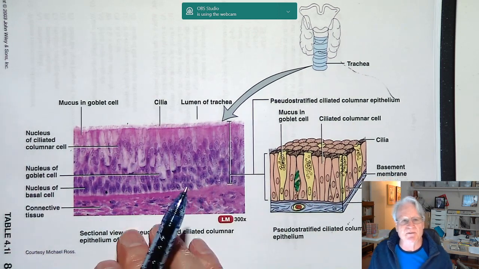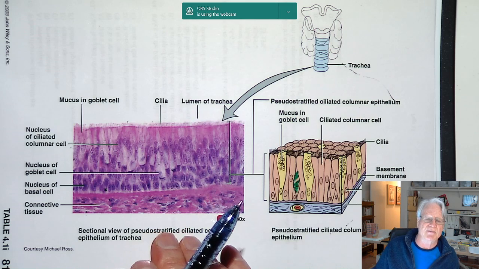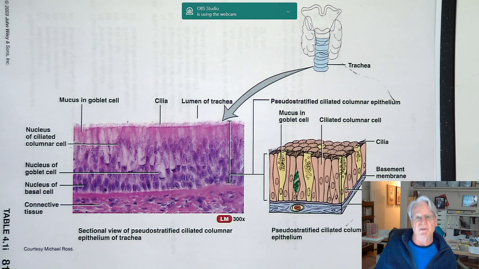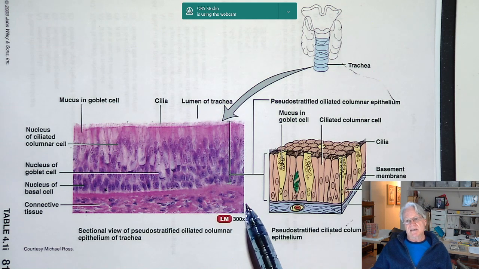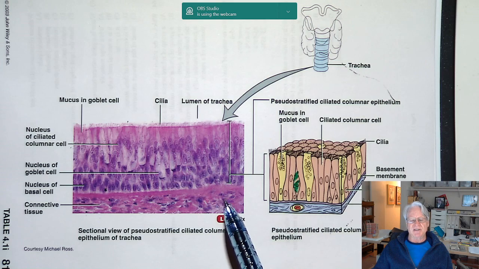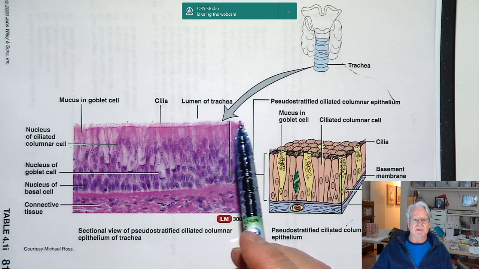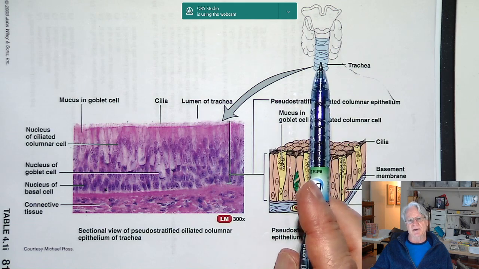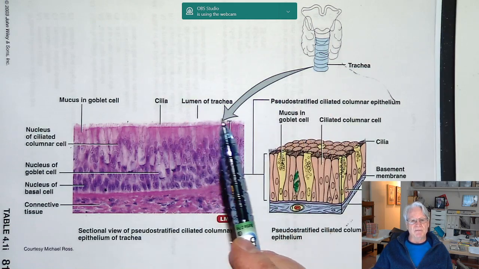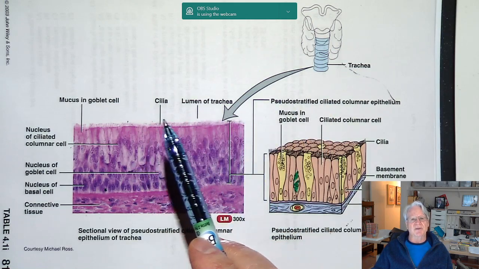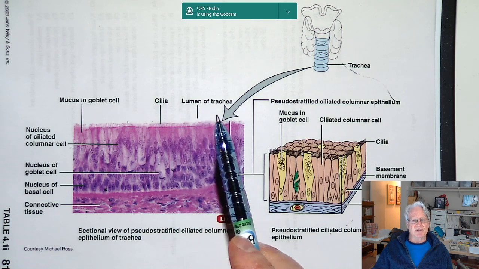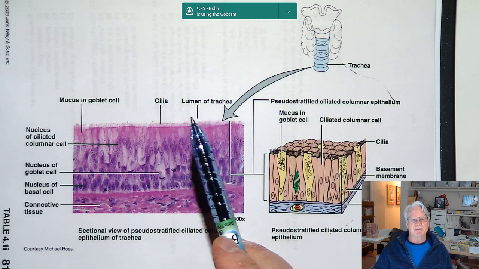Now, one thing to keep in mind, if you're thinking about cilia, then you have to be thinking about moving something. That's the whole purpose of cilia. So when you're thinking about where these ciliated tissues are located, think about places where you have to move some sort of substance. In this case, it's mucus, because it's in the respiratory tract. So we're moving mucus across that surface, and that mucus has a number of functions in the respiratory tract.